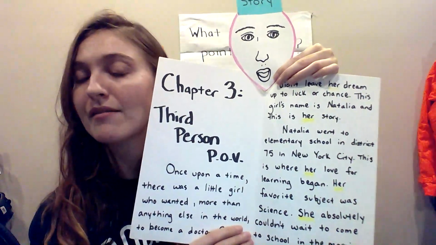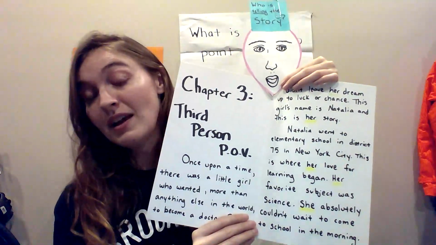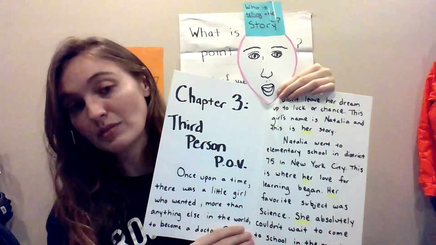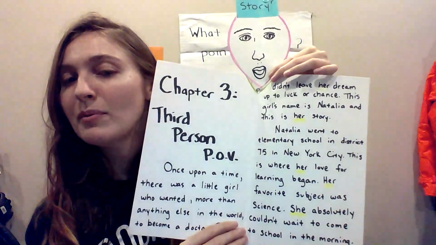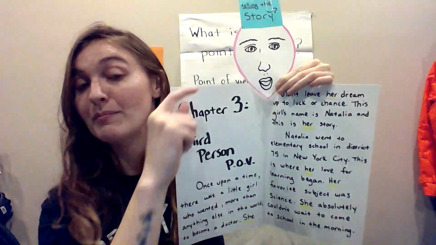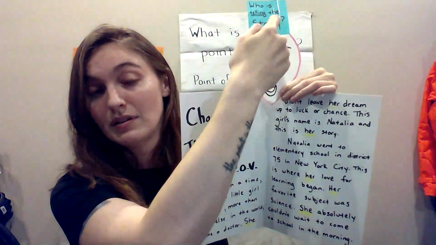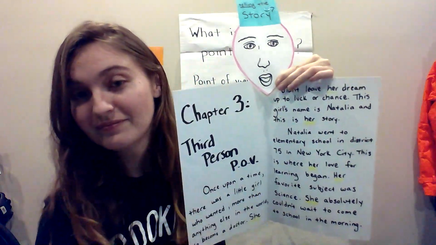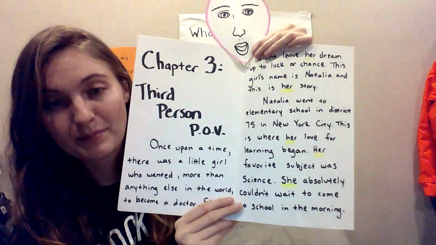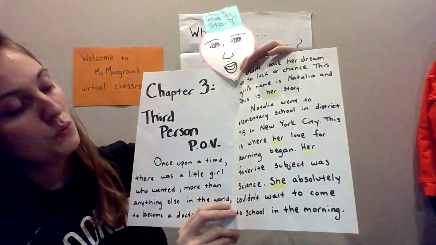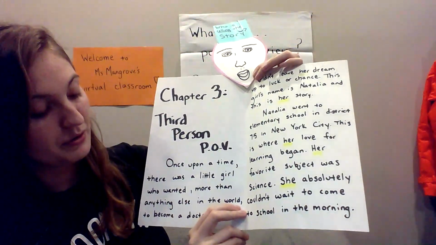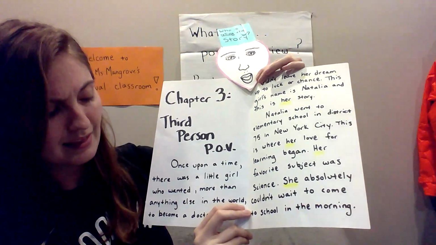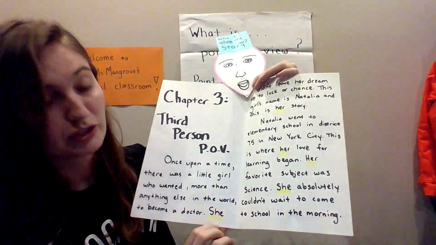So because they have that ultimate understanding at times, being in third person point of view, I put a little pivot because they're sort of in the story, but they're mostly out. My little alien person. So then here is the example that I have here. Once upon a time, there was a little girl who wanted more than anything else in the world to become a doctor.